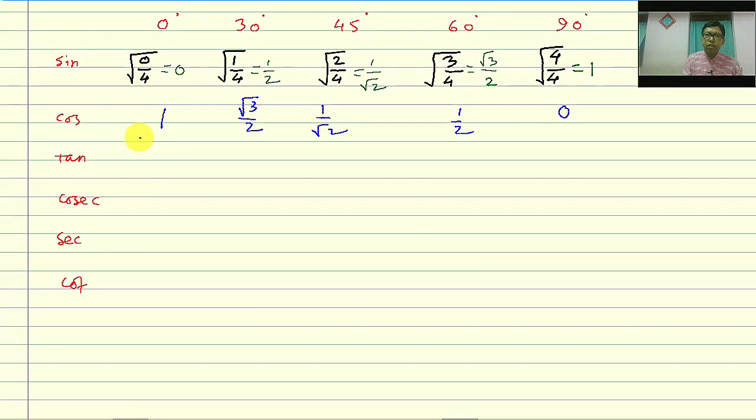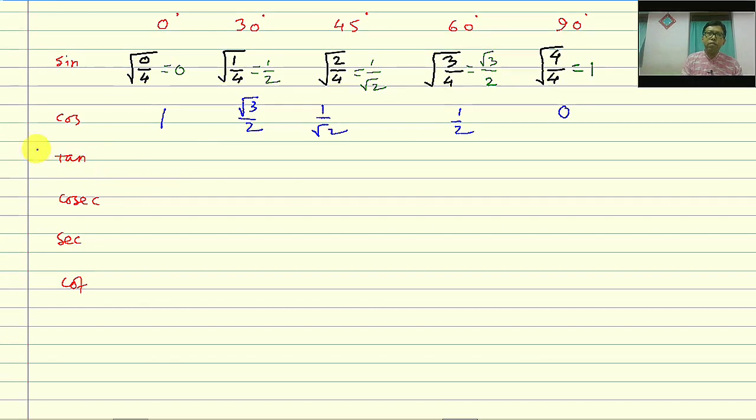So cos of 0 degree is equal to 1, cos 30 degree is equal to root 3 upon 2, cos 45 degree is equal to 1 upon root 2, cos of 60 degree is half and cos of 90 degree is equal to 0. Just you have reversed the process of sine in cos.